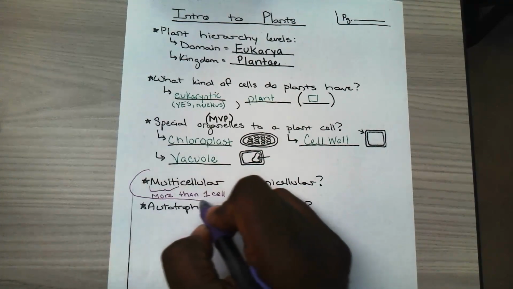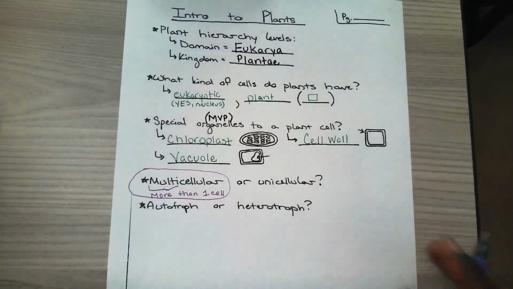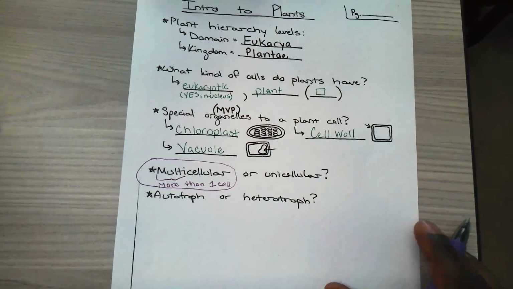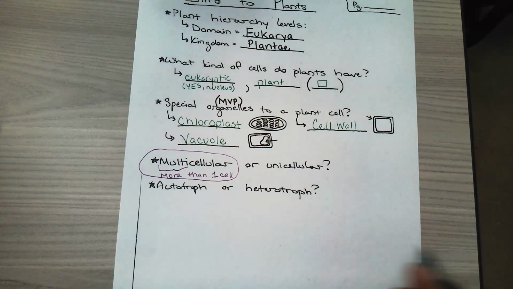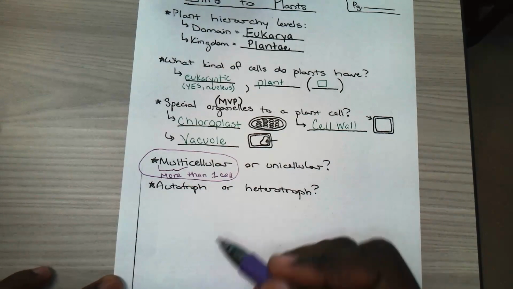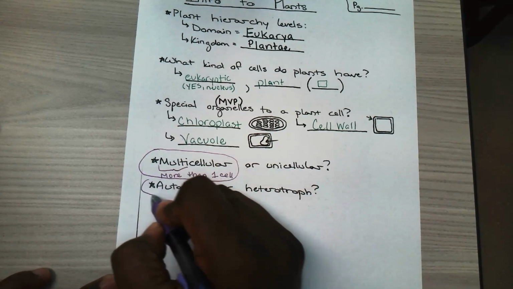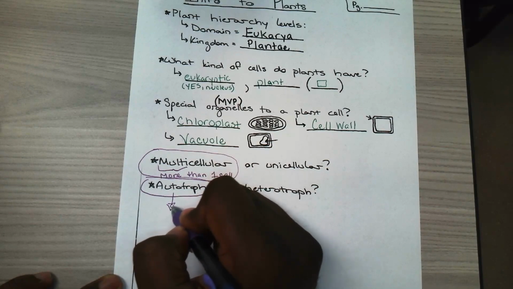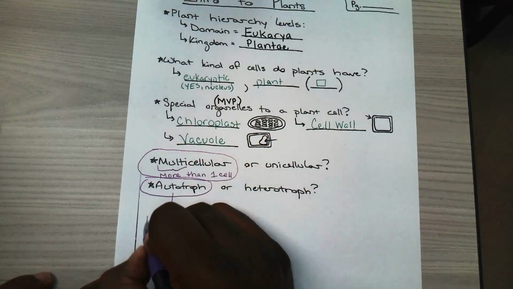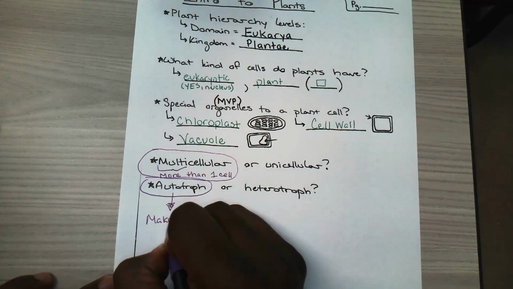I'm going to circle that. And then are they autotrophs or heterotrophs? Man, y'all are on this. We're ready to take our plant test today. They are autotrophs, which means they make their own food.